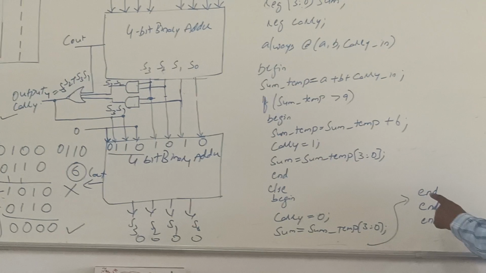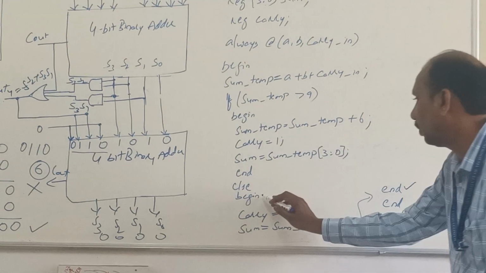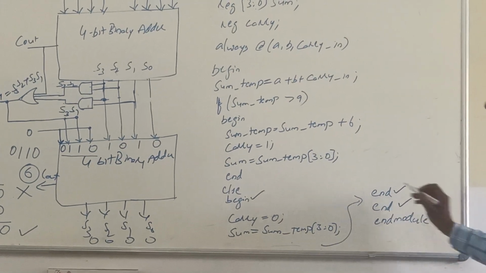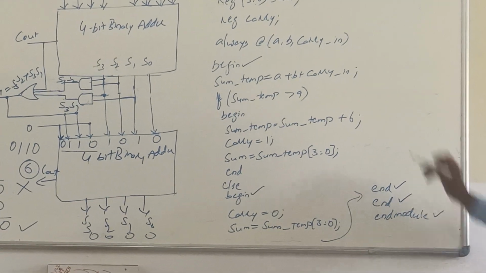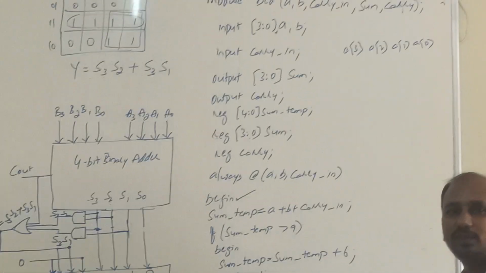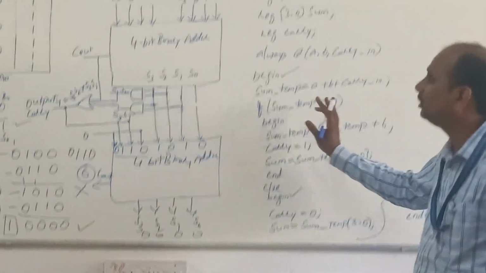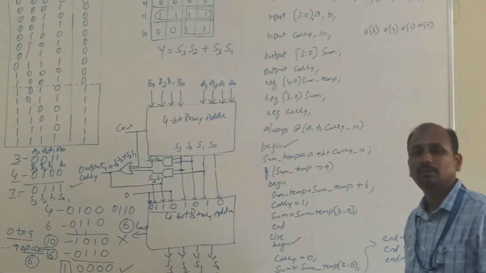With this, I have written the end here. This end is for this begin, correct? And this end is for this begin. And this end module is for the module which was started at the starting line. So this is the Verilog code of this experiment, and this is what it explains about the decimal adder. Thank you very much.